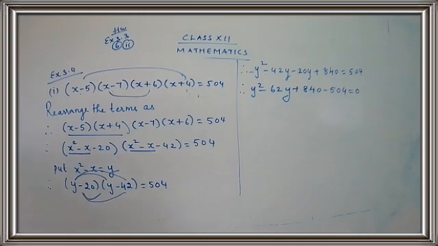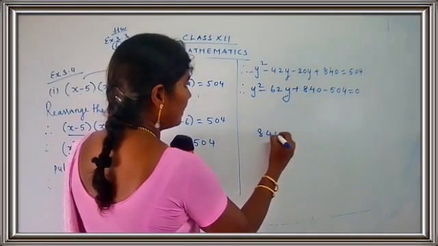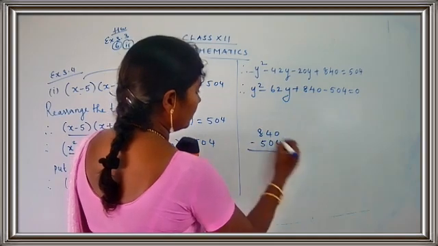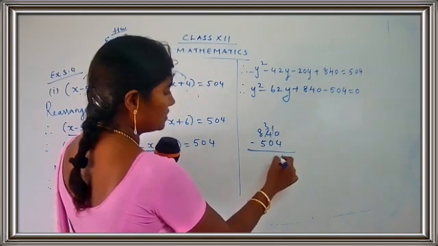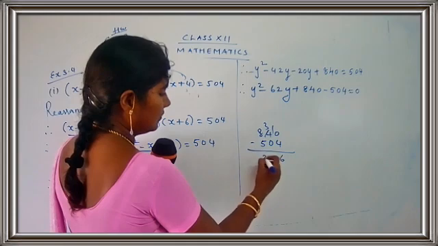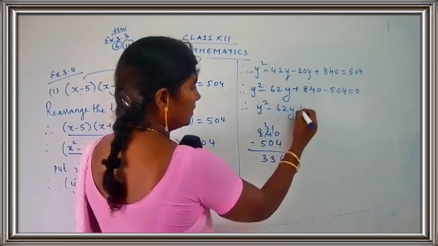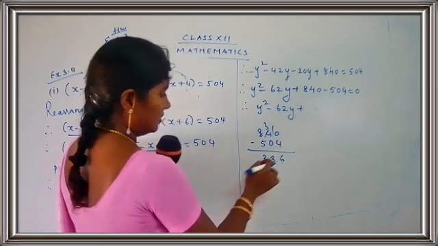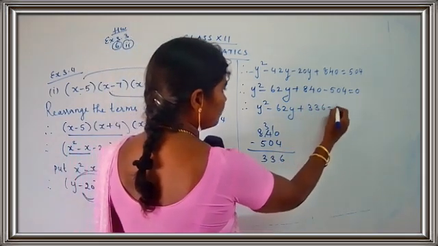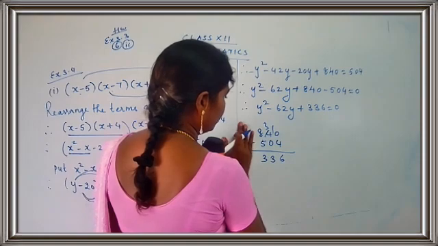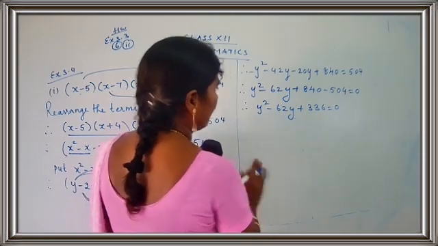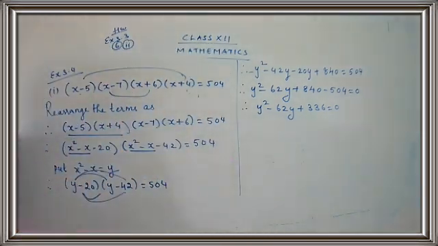Let's go for the simplification. 840 minus 504 is 336. You get y square minus 62y plus 336 is equal to 0. I found the answer.